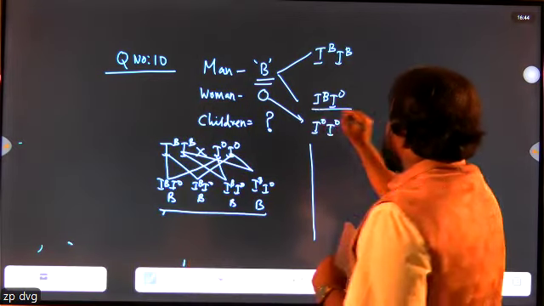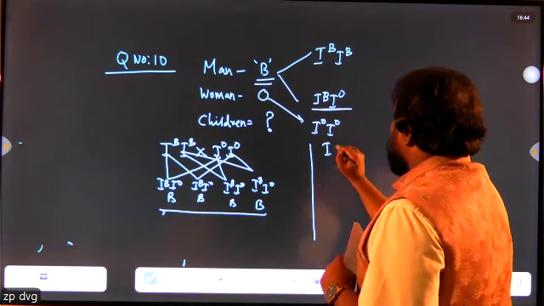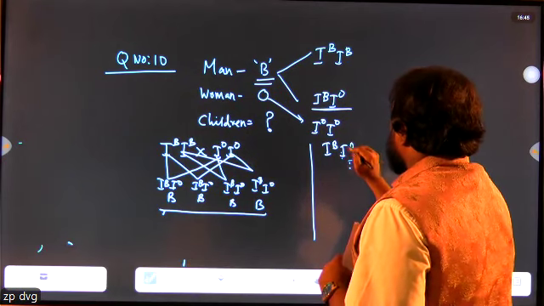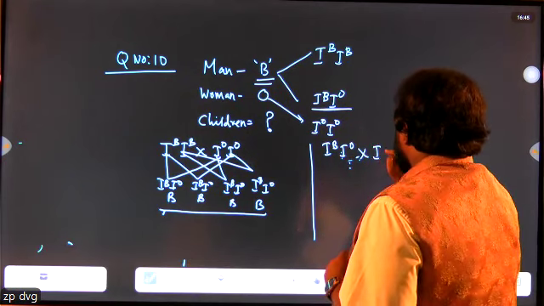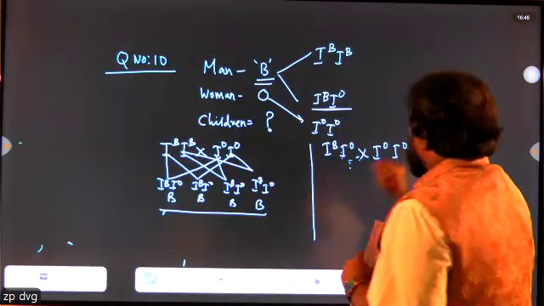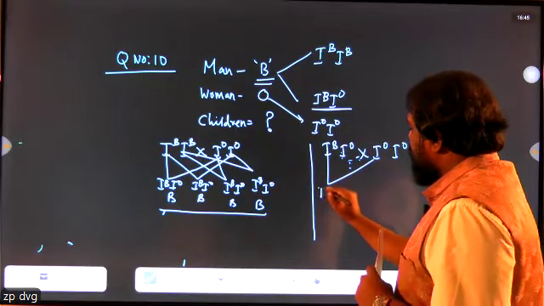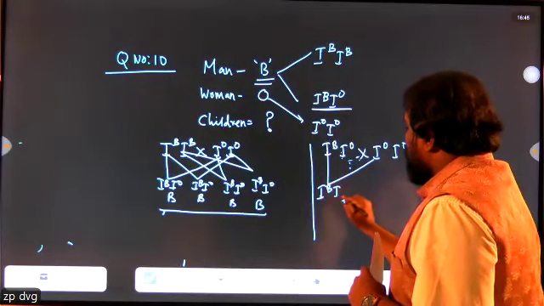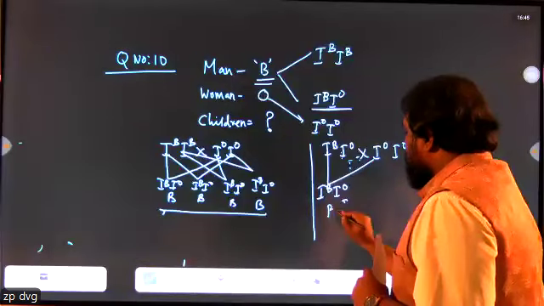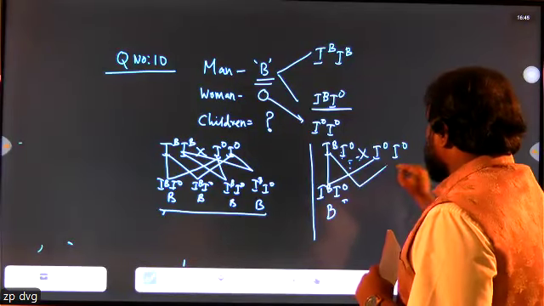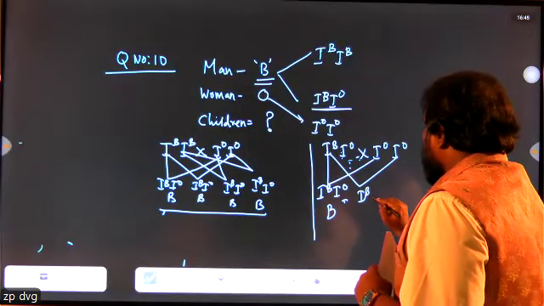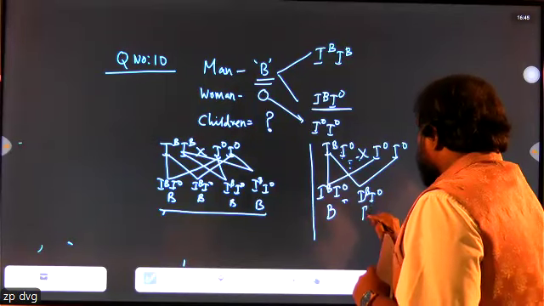Second condition. Consider this heterozygous. IBIO crossed with IOIO. Now, what will this form? IBIO. That means B blood group. IBIO, B blood group.